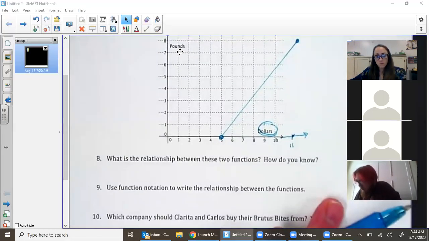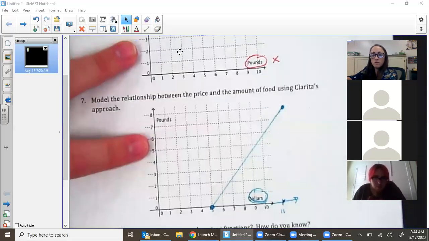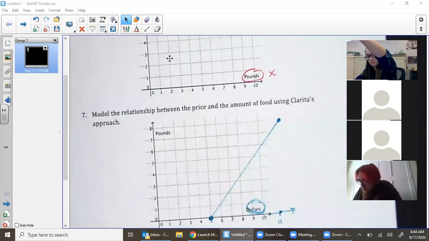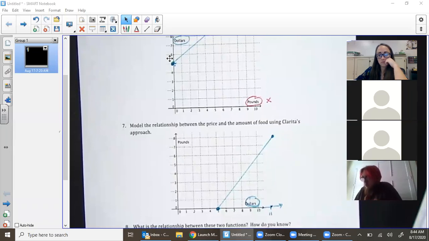So let's see if we can do number 8. Number 8 says, what is the relationship between these two functions? They're both buying it online.